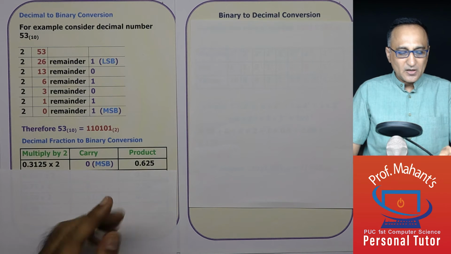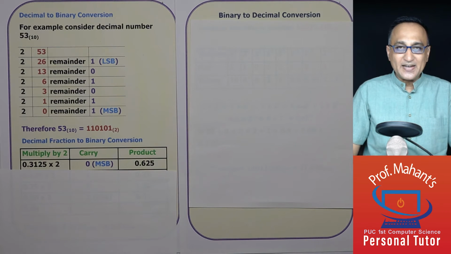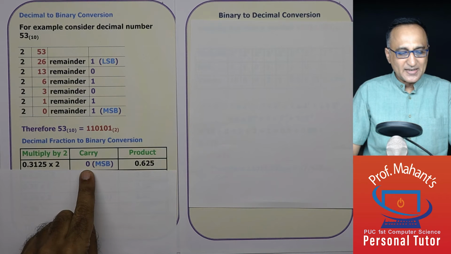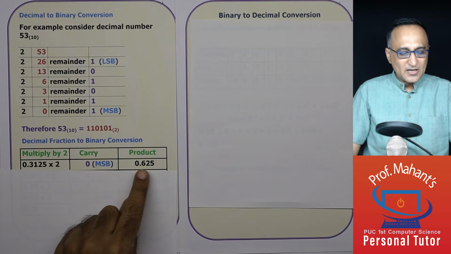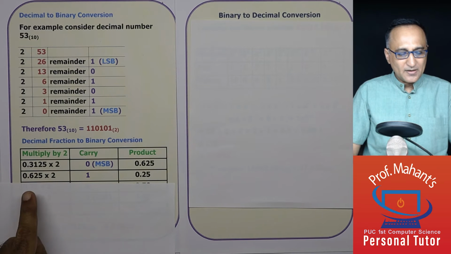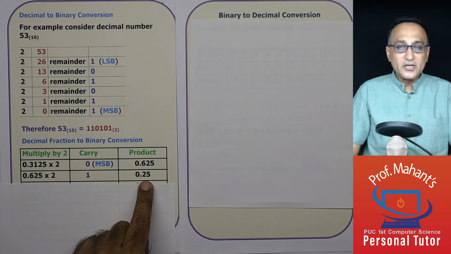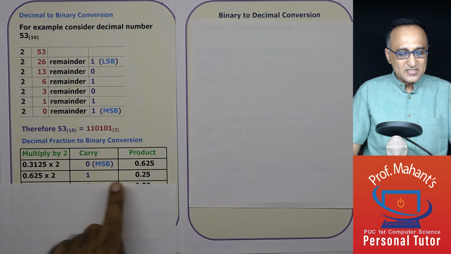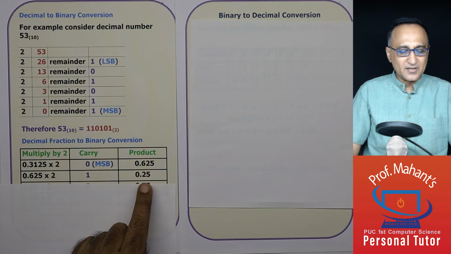So whatever is to the left of the decimal point, it'll either be a 1 or a 0. So I'll bring that carry as 0 here. Now I'm going to multiply 0.625 into 2 again. Now it becomes 1.25. So 1 remains here, 0.25 goes here.